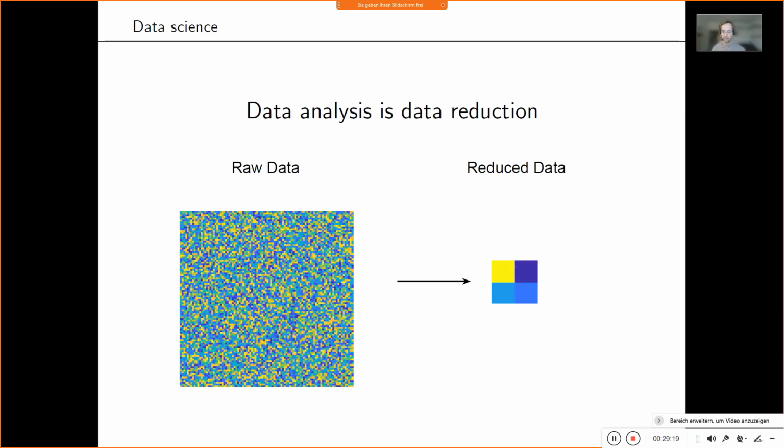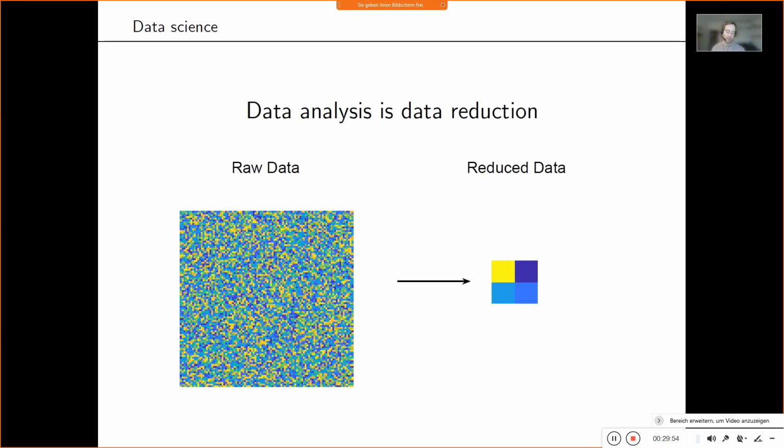Usually the digital data sets that we're dealing with are fairly high dimensional, so there are many data points, but humans can deal with things better if some of the complexities, let's call them noise or nuisances, are removed and things are reduced. So any form of data analysis from my perspective is data reduction.